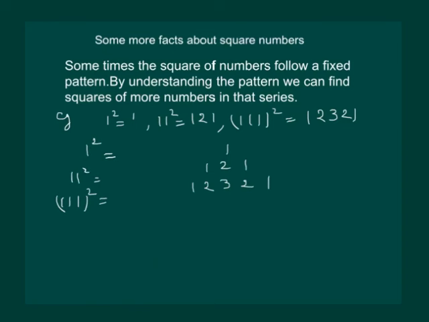From here, can you understand the pattern? We have a single 1 here, so only 1. Then we have 2 ones. That's why we are reaching 1, 2, then reducing back to 1. We have 3 ones, so we are going to 1, 2, 3, and then reducing back to 1. Let us see what happens if we have 4 ones. According to our pattern, it should go 1, 2, 3, 4, 3, 2, 1.